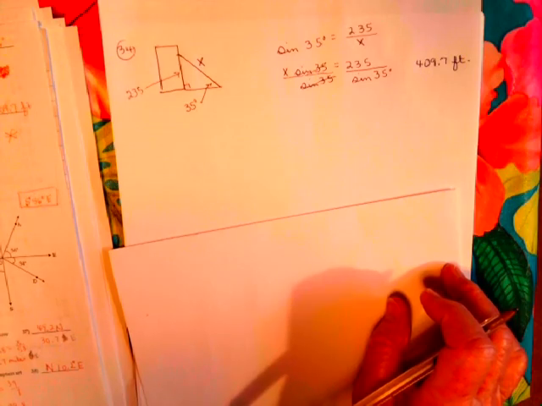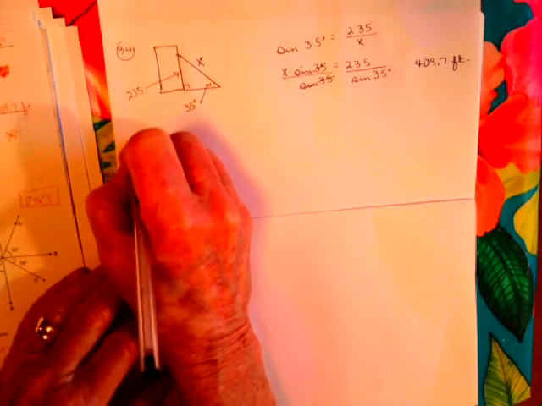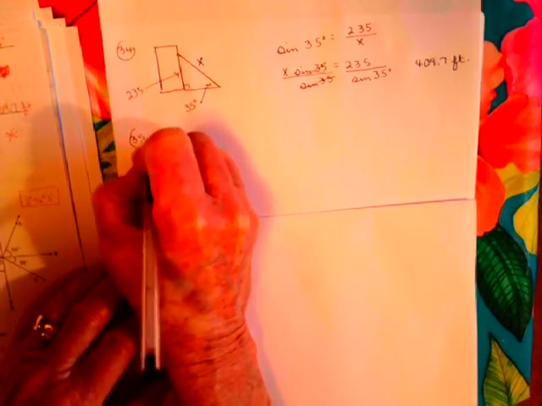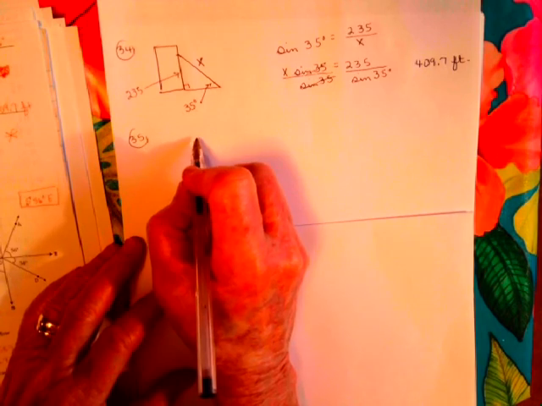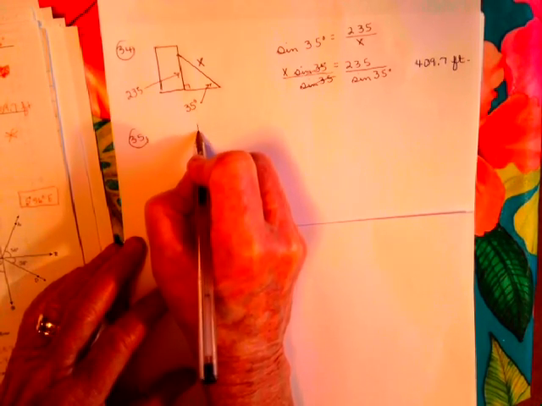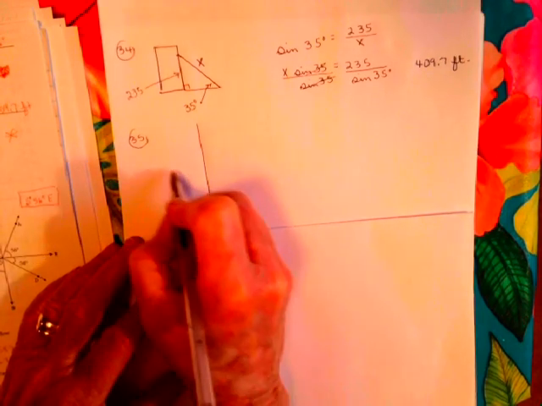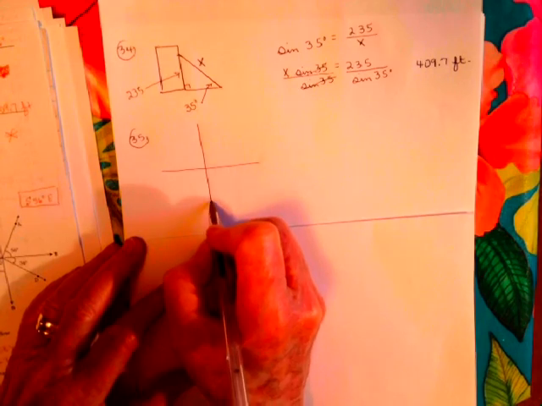Problems 35 and 36 are talking about bearing. Remember, bearing is the distance from a north-south line. So for problem 35, I'm only going to draw the part that's necessary.